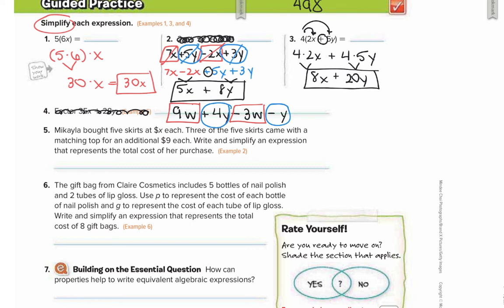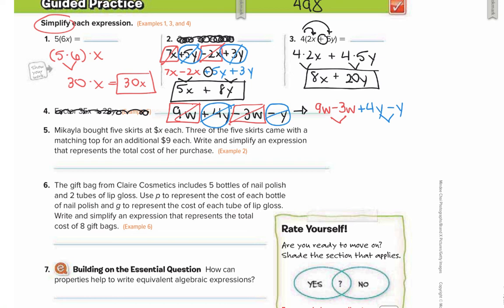So we're going to rewrite this so that our like terms are together. So 9w minus 3w, sorry I said y, I meant w. So that's this and this. Then we have plus 4y minus y. Now that we have like terms together, we can subtract these and we can add, subtract these only because they have the same letters.